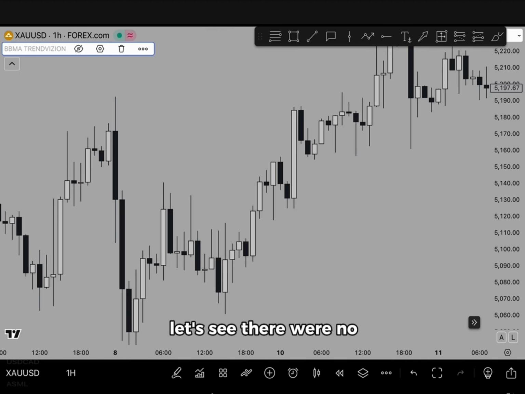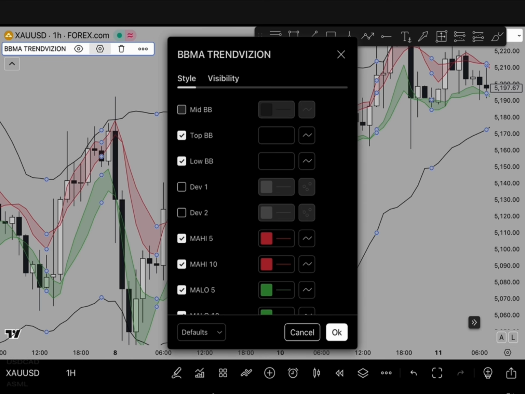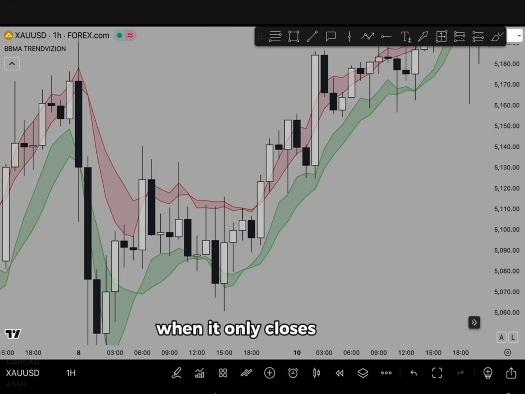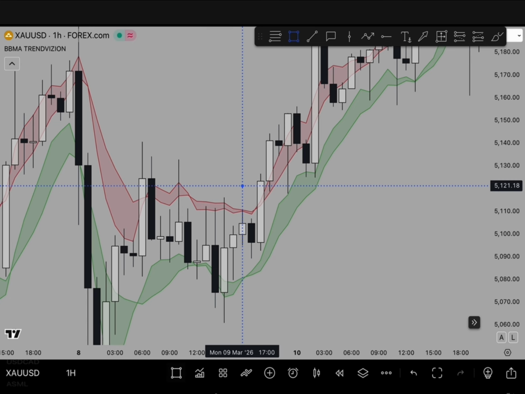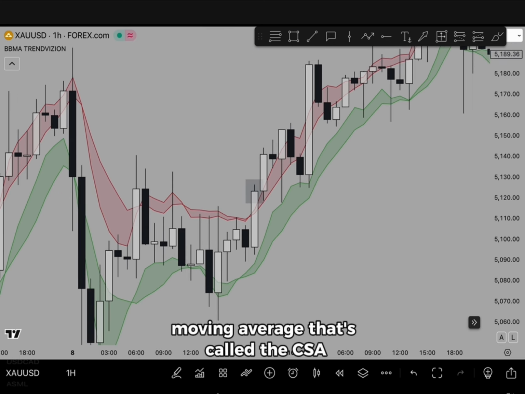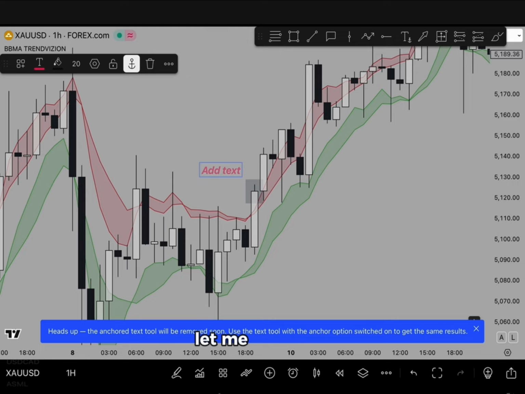Let's see, there were no Bollinger Bands. When it only closes above the moving average, that's called a CSA. Okay, let me add a text.